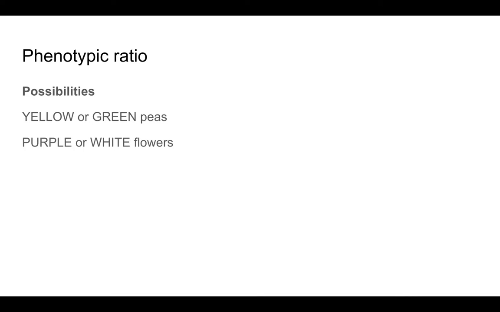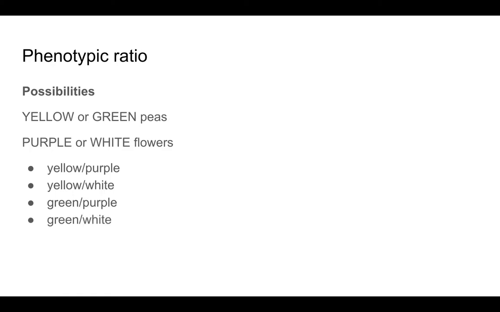So if I start to combine the possibilities, I could have yellow peas with purple flowers. I could have yellow peas with white flowers, or I could have green peas with purple flowers. And what's the last possibility? Green peas with white flowers.